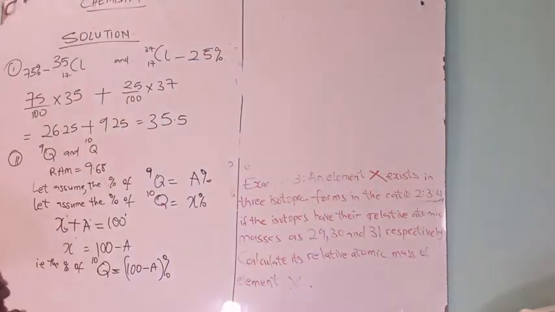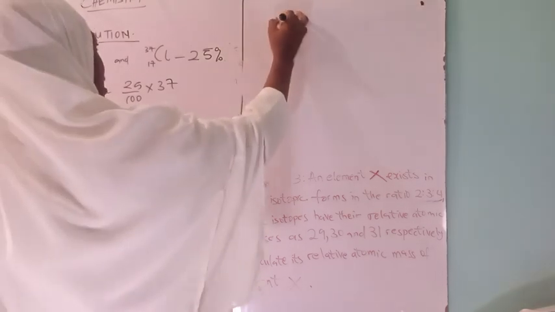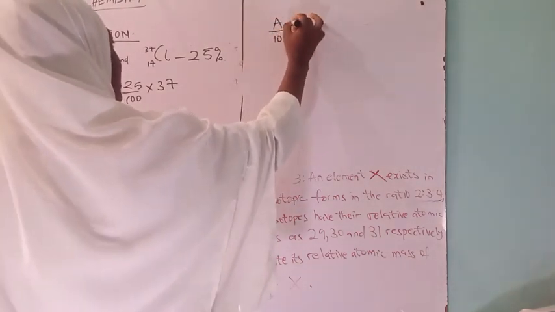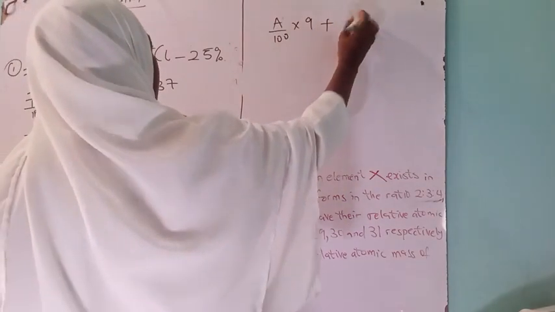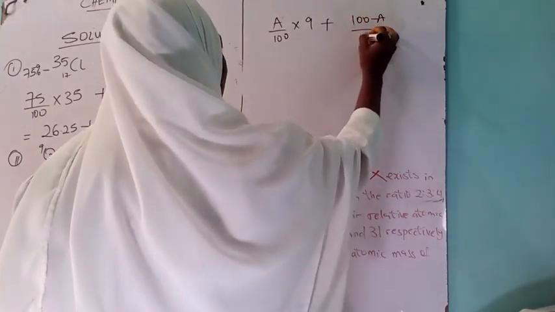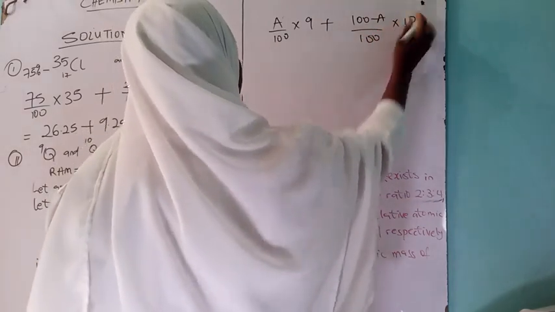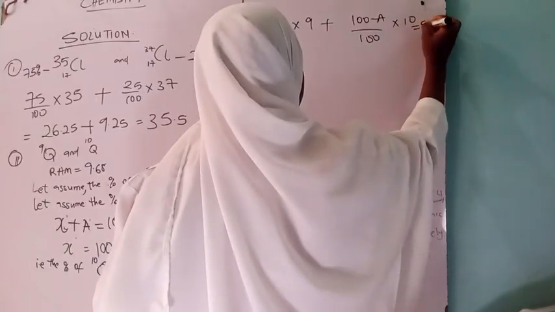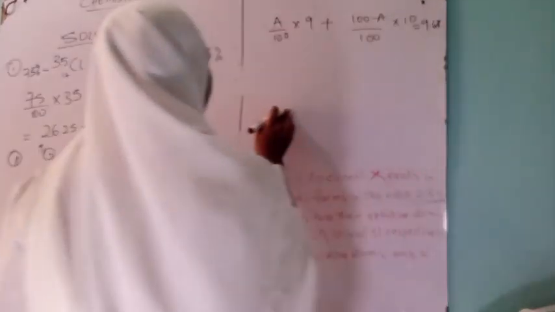Let's substitute. We then have A over 100 times 9 plus 100 minus A over 100 times 10 equals 9.68.